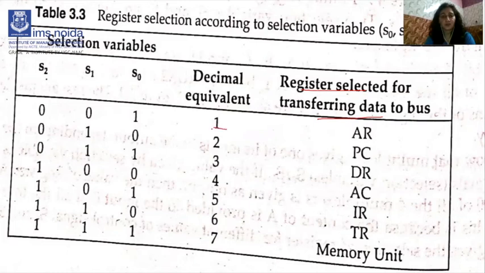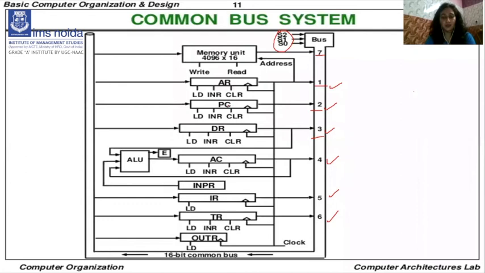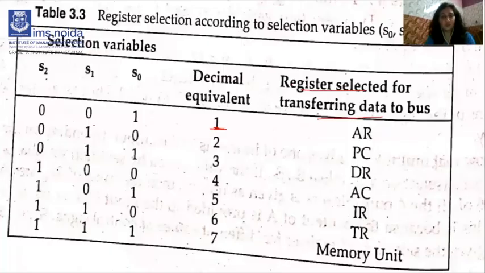Suppose when the decimal equivalent value is 1, as you can see in this diagram, the address register in the system bus is connected at location 1, that is 0, 0, 1. When the selection value of S2, S1 and S0 is 0, 0, 1, then the address register will be selected to read the input as well as to give the output. This table shows this one thing. Clear?